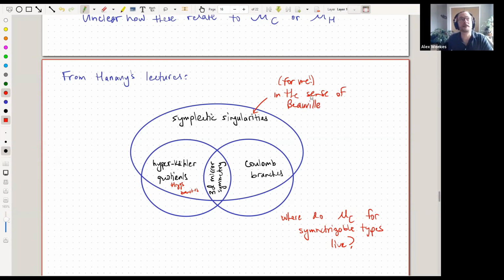what that entails here is that for any of these Coulomb branches, if we take one of these varieties, we want to choose a resolution of singularities.